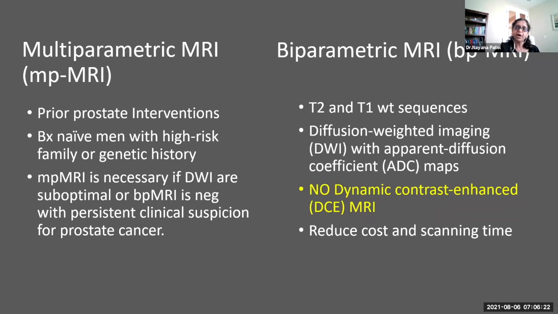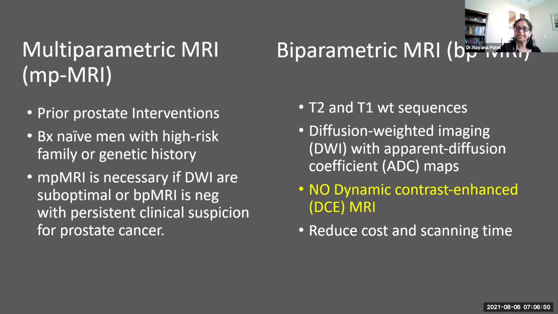There is another option for MR evaluation of the prostate called biparametric MRI. It is an abbreviated MRI protocol, largely similar to the multiparametric exam. It includes T1 and T2 weighted images and diffusion weighted images with ADC mapping. The difference is that biparametric MRI does not include dynamic contrast enhanced images.